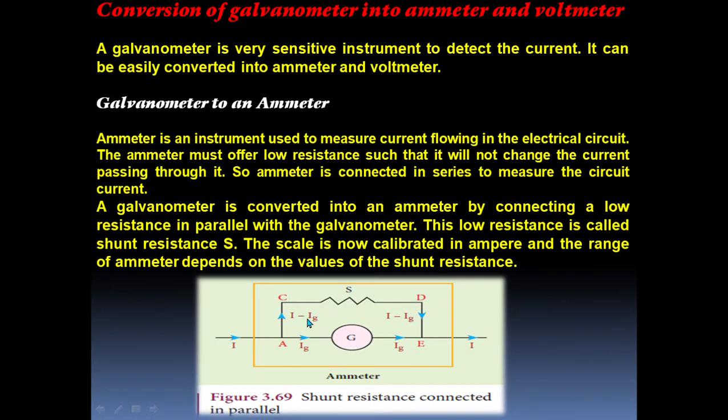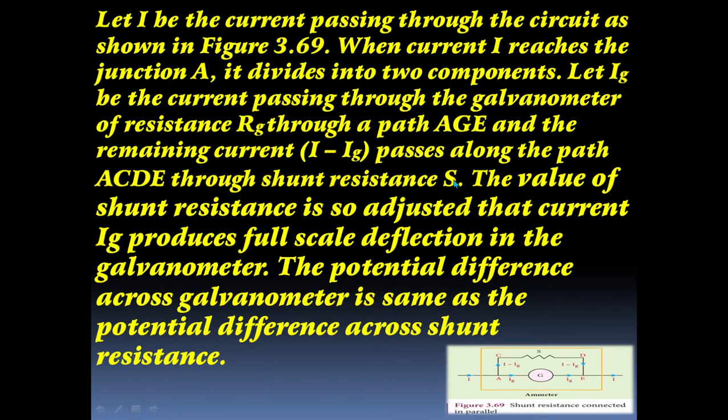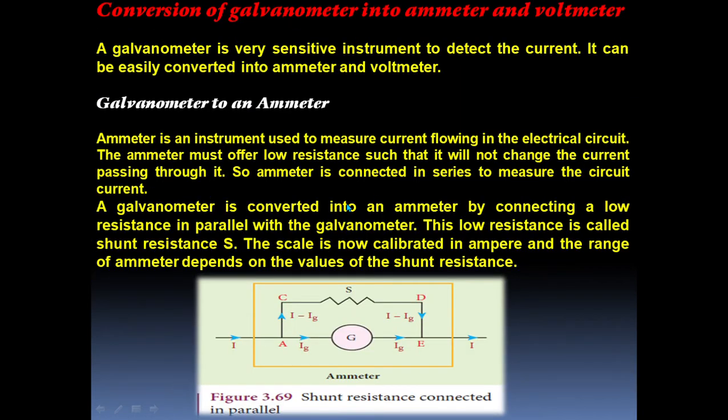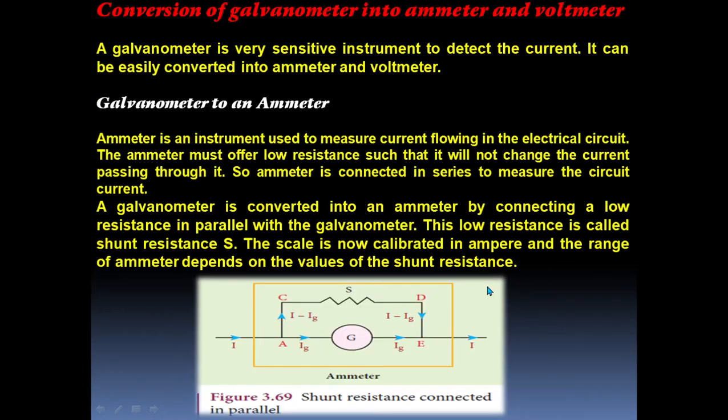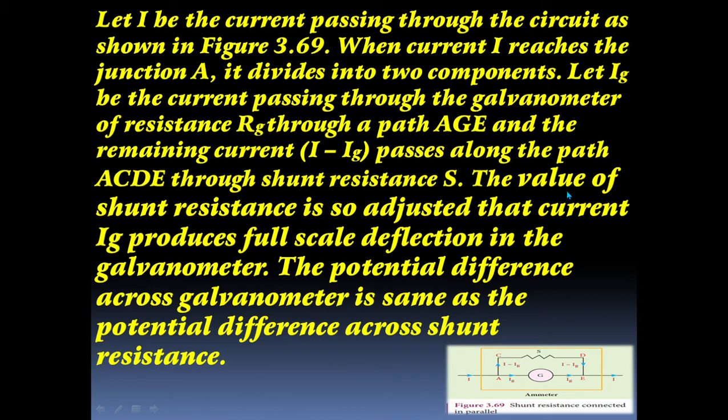The remaining current, I minus Ig, passes along the path ACDE through the shunt resistance. The value of the shunt resistance is so adjusted that current Ig produces full scale deflection in the galvanometer.